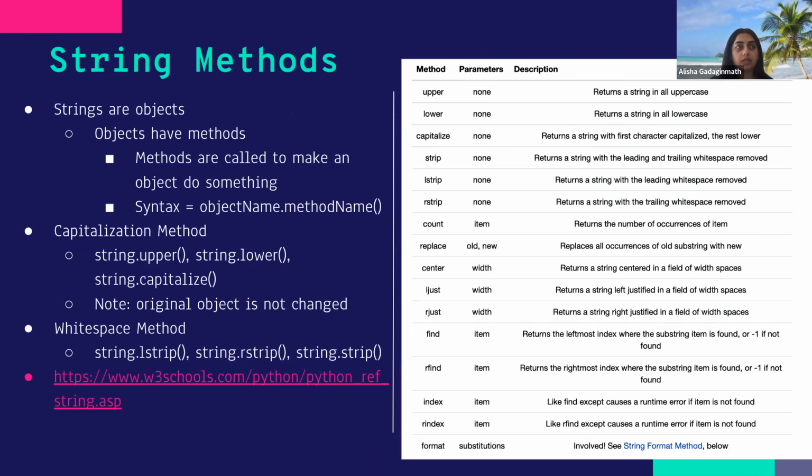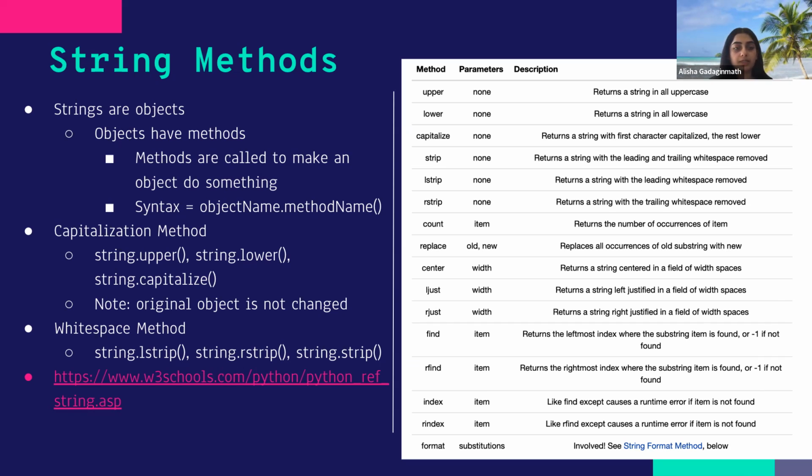And then string methods. Strings have methods. Since a string is an object, you can call these methods, which will make the object do something. Two common examples of string methods are the capitalization methods and the white space methods.